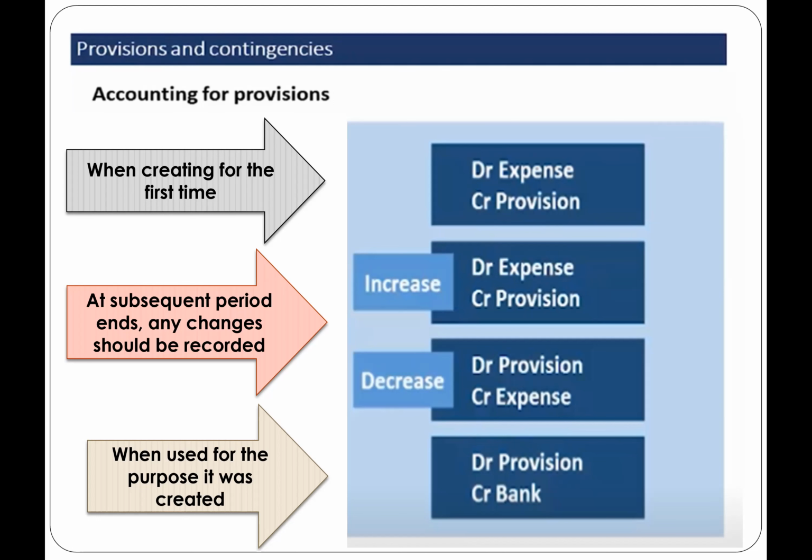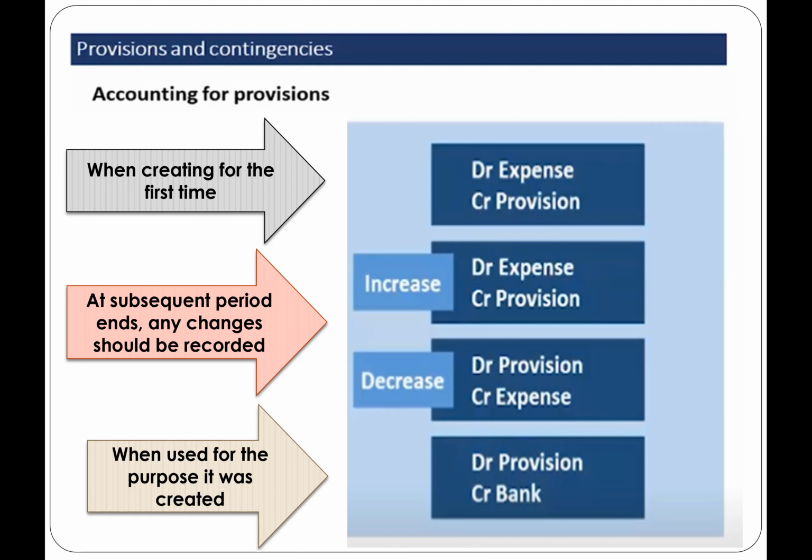If we want to decrease the amount, so let's say, for example, the employee says, instead of me waiting for 6 months, can you just pay me my money in 4 months so that I can go and do something else? Maybe they've already settled another job, which means perhaps the amount that you are planning to pay them becomes less than the 10,000 that you have already provided for.